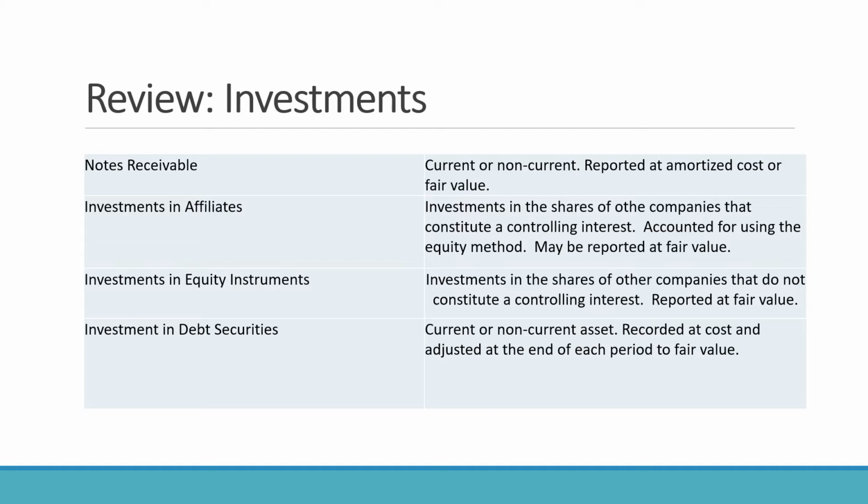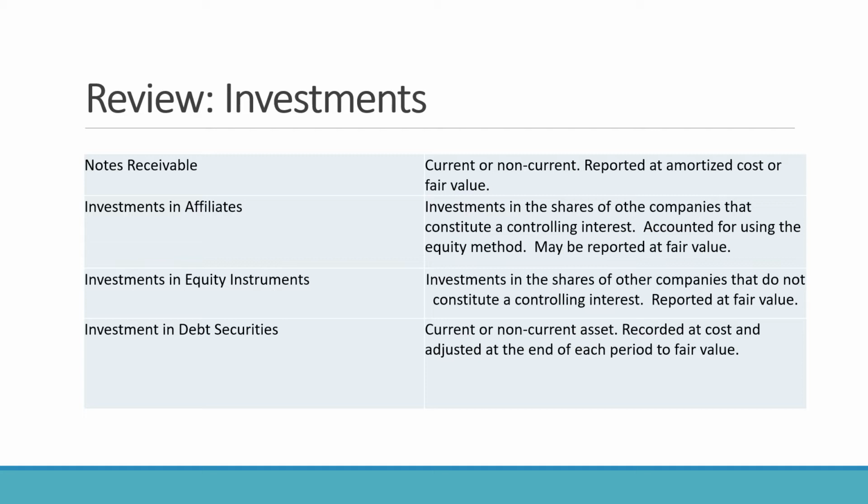So a note receivable can be current or can be non-current. The ones that are going to be reported in investments are non-current. The current ones would be reported as current assets. And these notes receivable are going to be either reported at amortized cost or fair value. If they have a fair value that's readily available, you would report that at fair value. Otherwise, you would report at amortized cost.